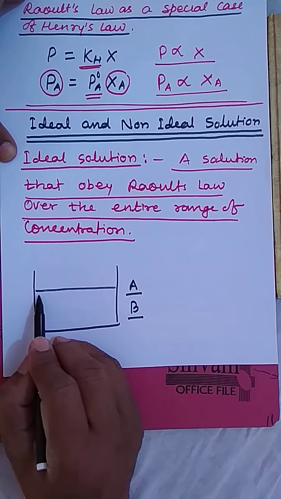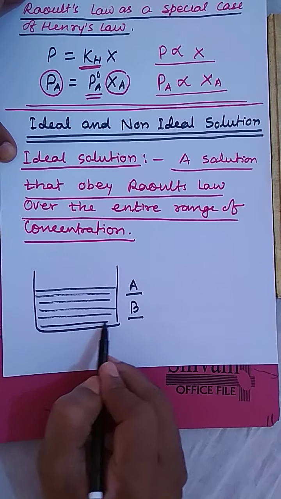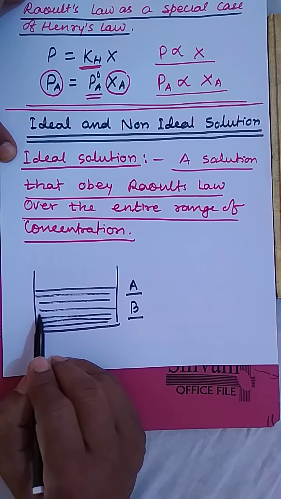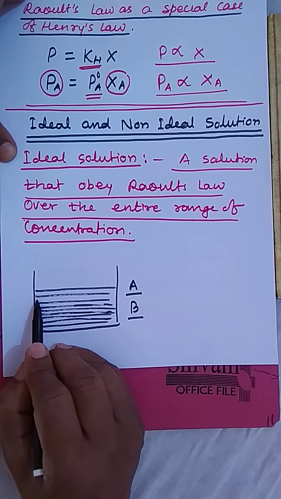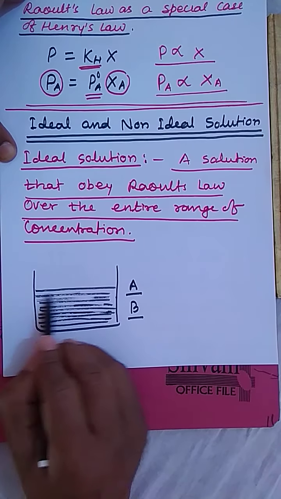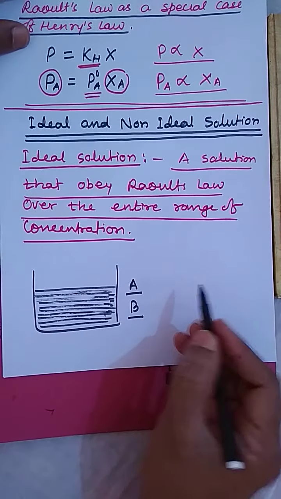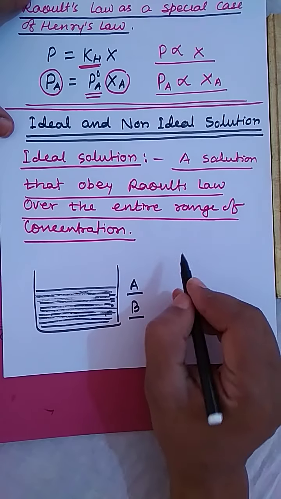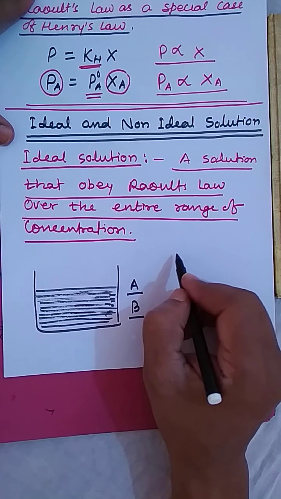So after adding any percentage of A and B, the vapor pressure of solution is directly proportional to mole fractions of both the components, right? So here I am telling it depends on interaction between AA molecules and BB molecules.